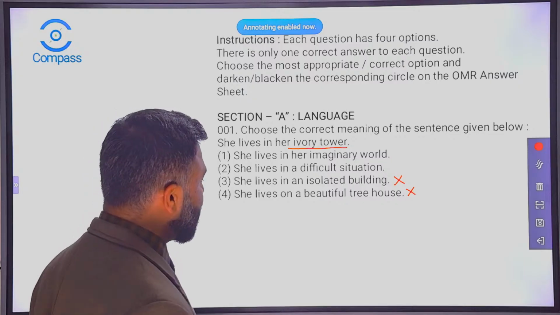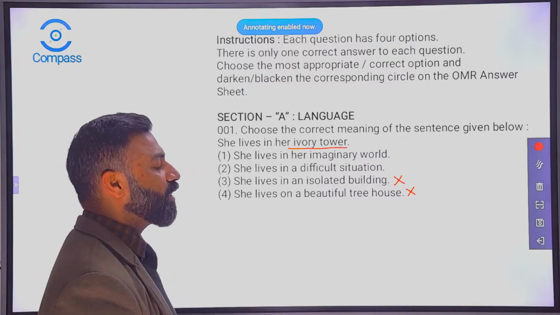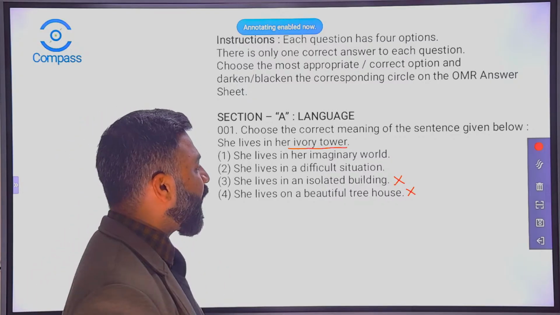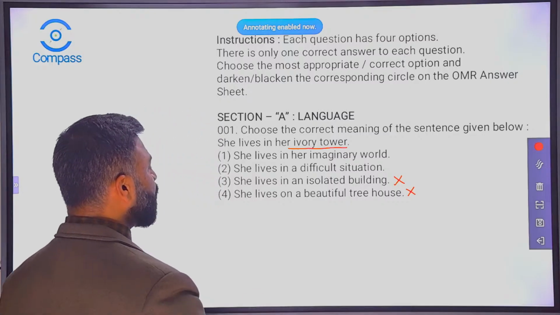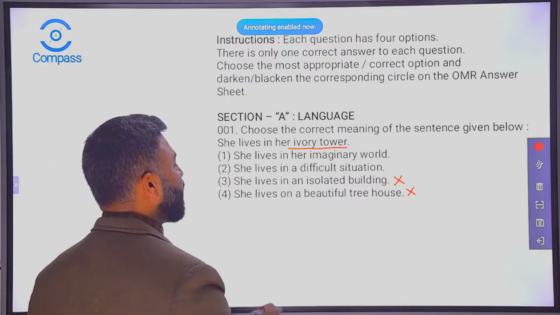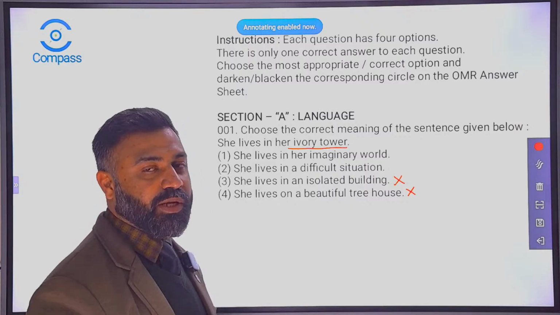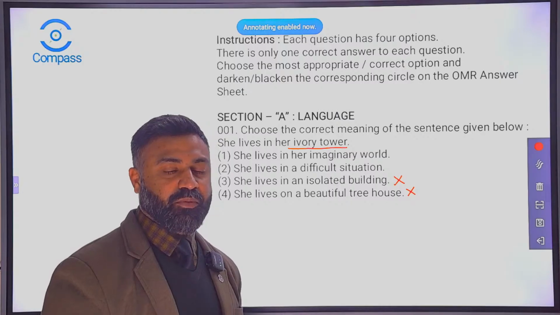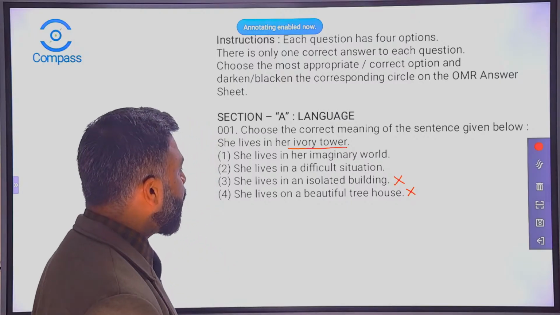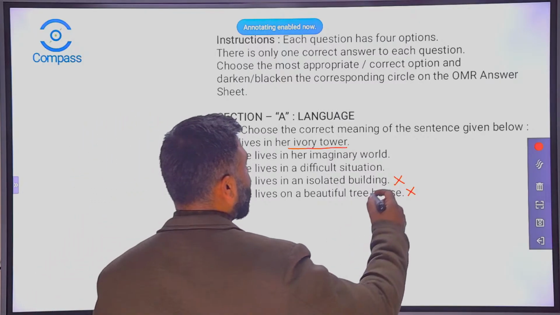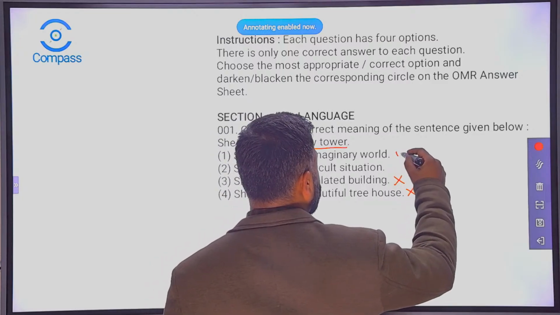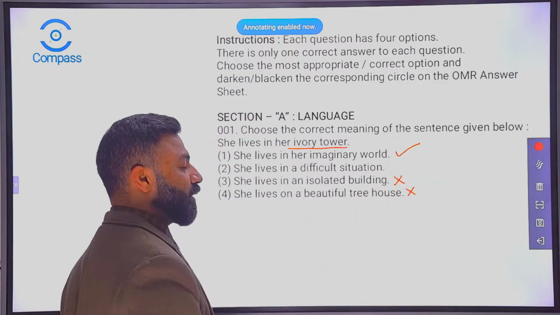They have just been included here to confuse the candidate. Now, between these two, she lives in her imaginary world and she lives in a difficult situation, there is one correct option. What do you think? The answer to this question is she lives in her imaginary world.